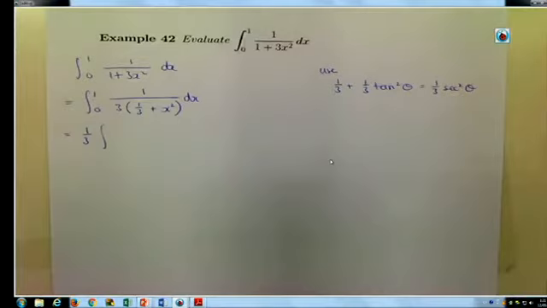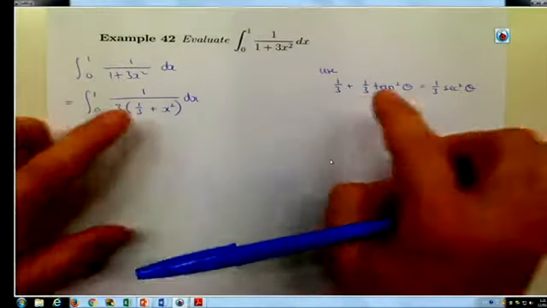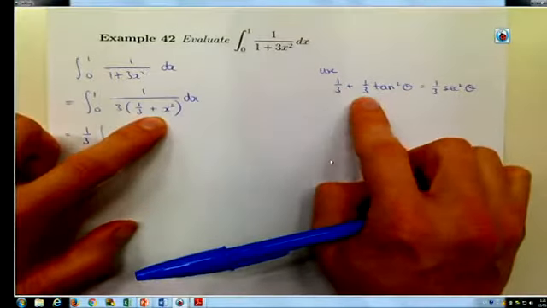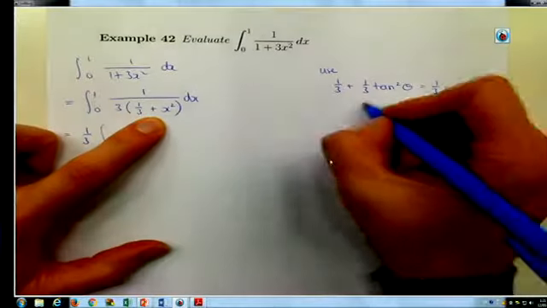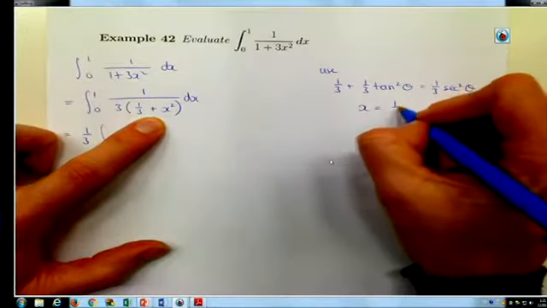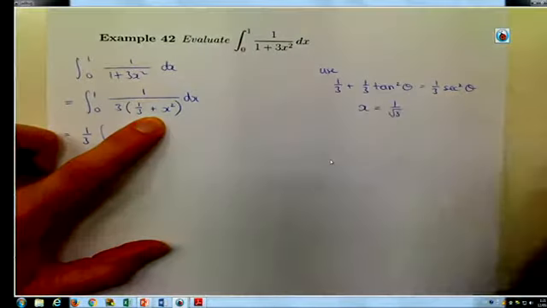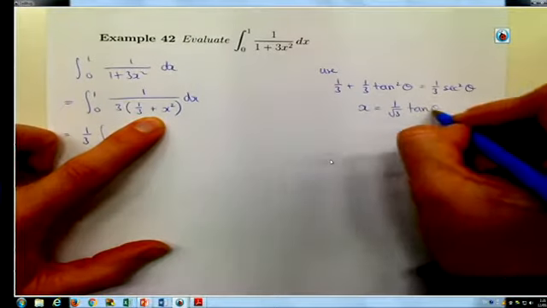One third sec squared theta. Okay, so the third matches up, the plus matches up. That means x squared must be this thing here. So x is going to be 1 over the square root of 3 tan theta.